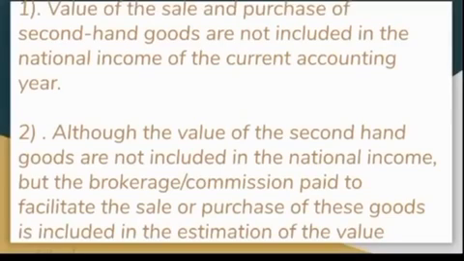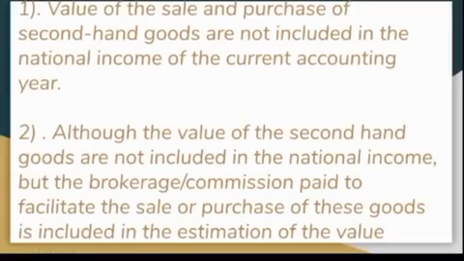Second point states that although we are not including the value of second hand selling and purchasing, if there is any brokerage or commission included in this, if we have any agent and we are paying any commission to him, then this amount of commission will be included in the calculation of national income through value added, because he is following his profession.